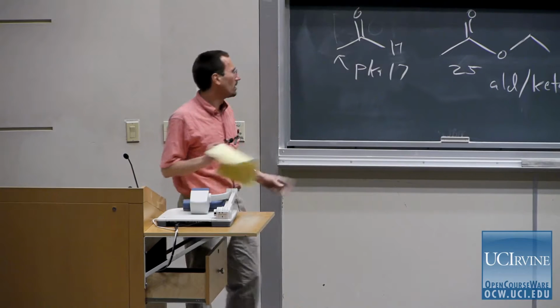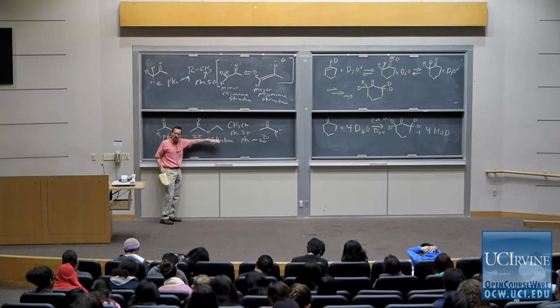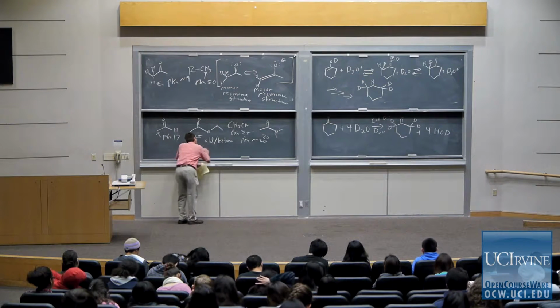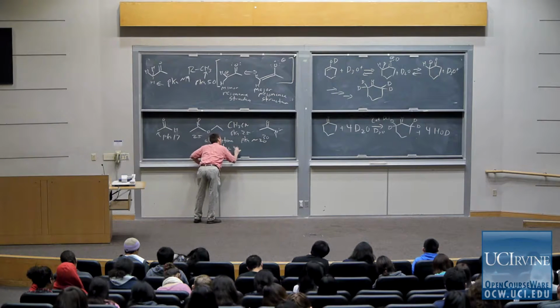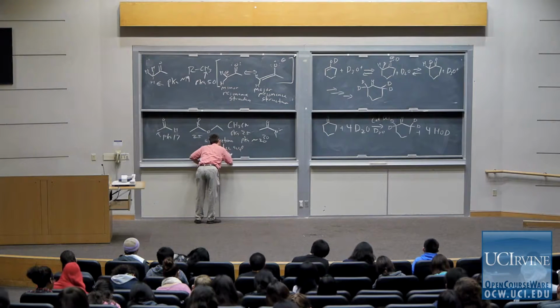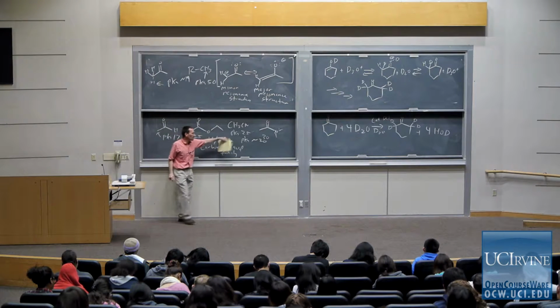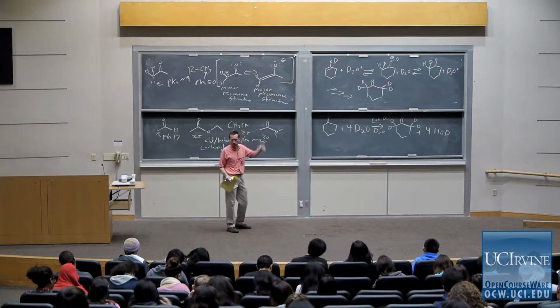Those are unimportant. The other big picture: while aldehydes and ketones are about pKa 20, in general, the carboxylic acid family, esters, nitriles, even amides, even carboxylic acids under the right conditions.